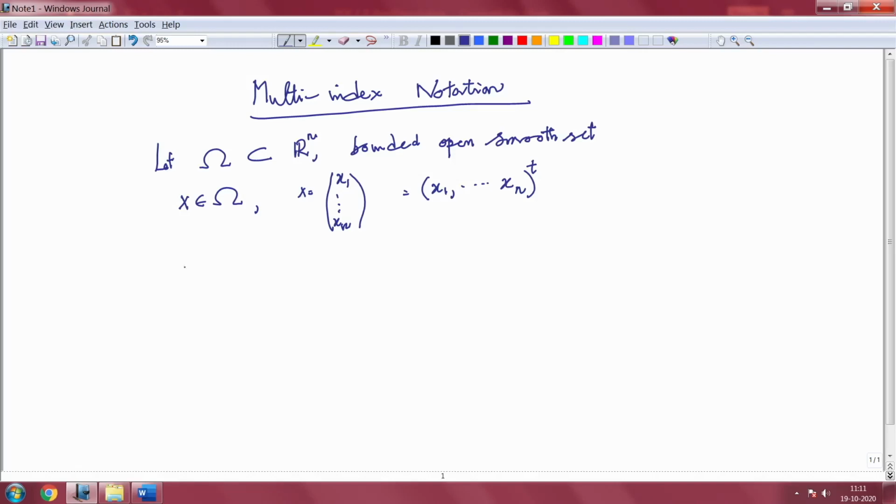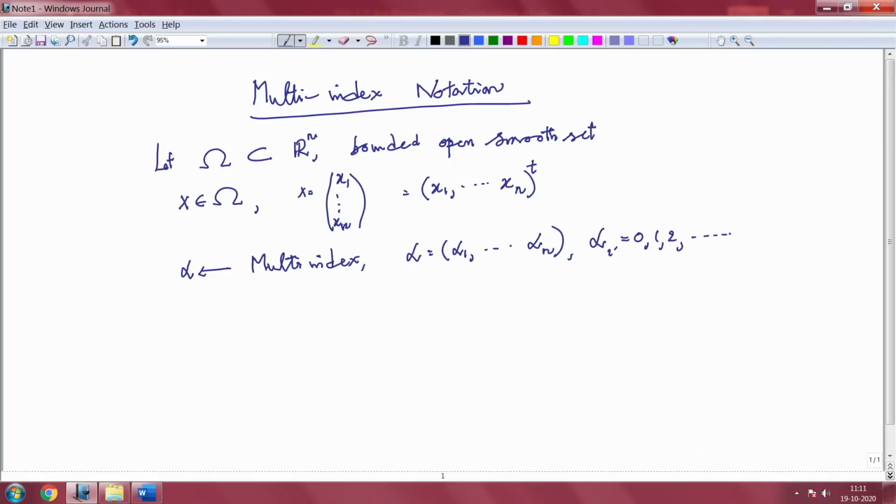Then, for a multi-index alpha: what is a multi-index? Alpha consists of non-negative integers alpha_i, where alpha_i equals 0, 1, 2, 3 etcetera.